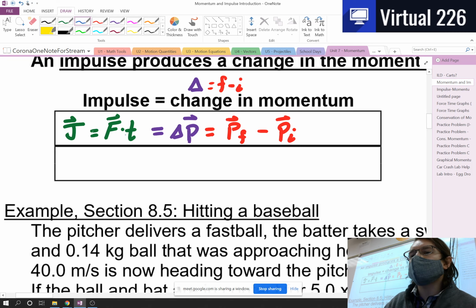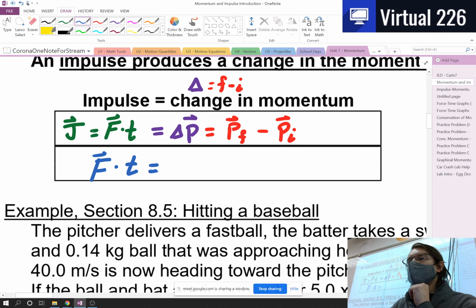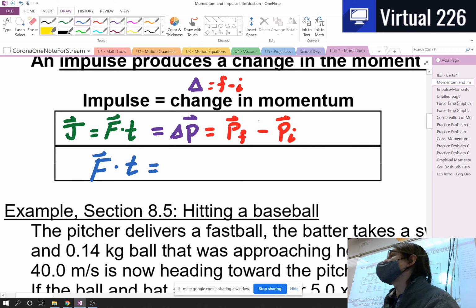What we can actually do here is rewrite this equation in a slightly easier form to use. We can just say that the force multiplied by time is going to equal, and then I'm going to take these pFs and pIs. I know that a momentum is a mass multiplied by a velocity.